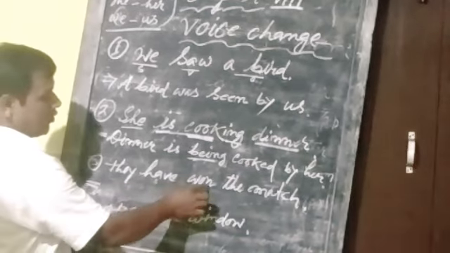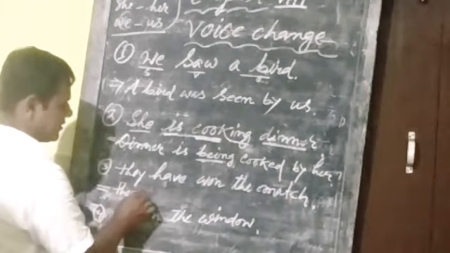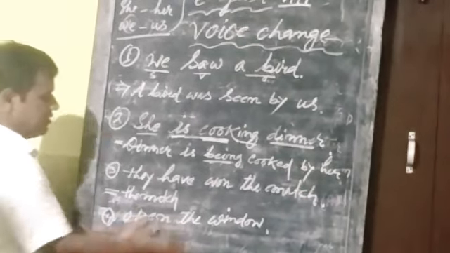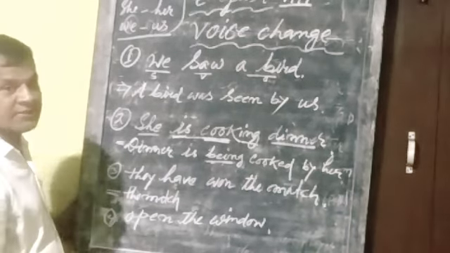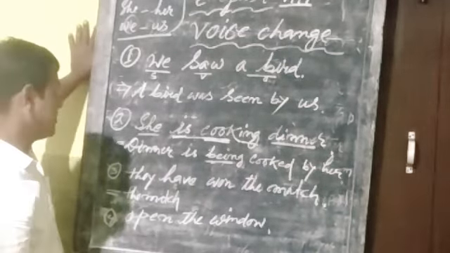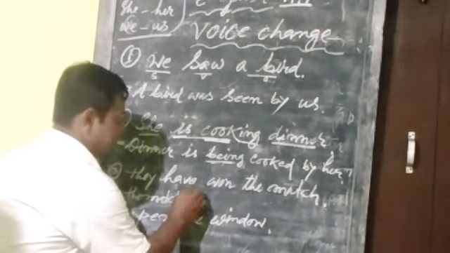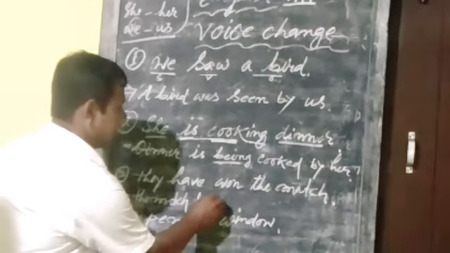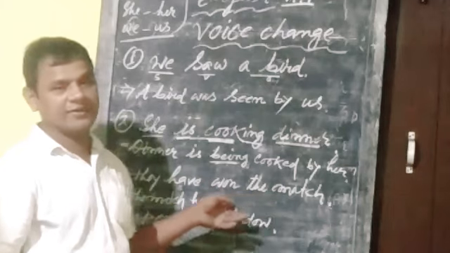This is also, you look. They have won the match. First of all, the match. Next, have or has is there in the question. Then you write have or has. But with the match, you have to write has. And they have won the match. That means it is present perfect tense.